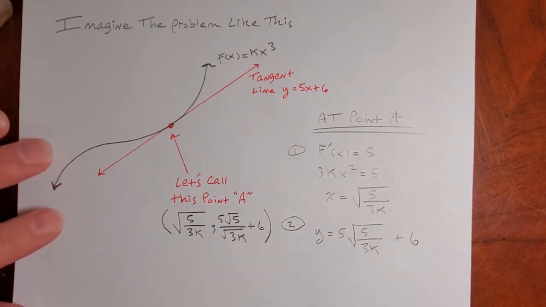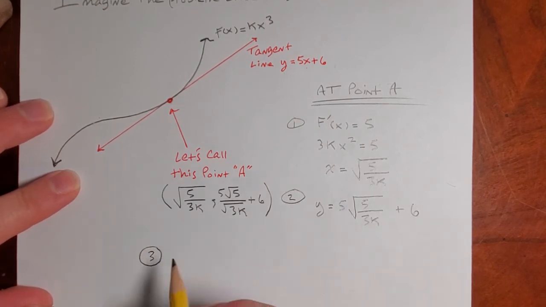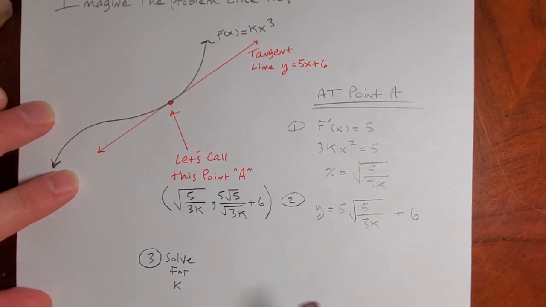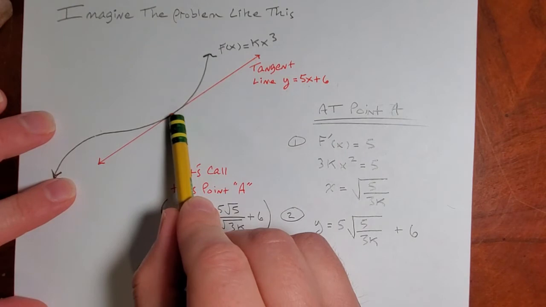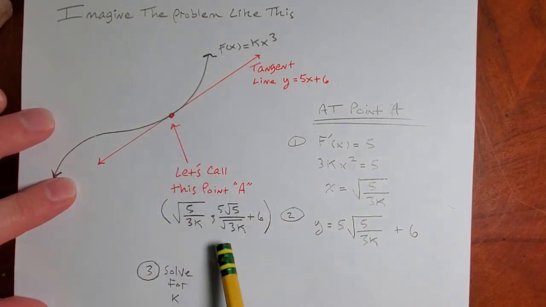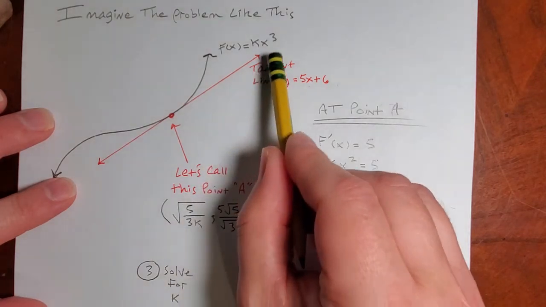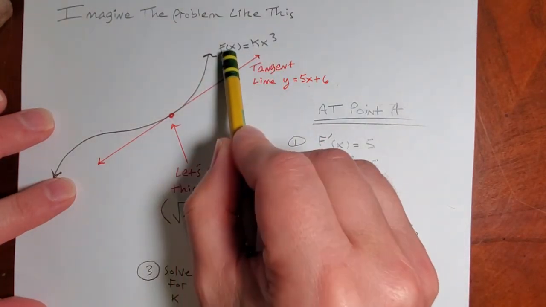Now, here's how we can solve for k. Isn't it true, going back to the information that we have, that if this point is known to be right there, it's also true if you put this x in there, then this is what you get for y.